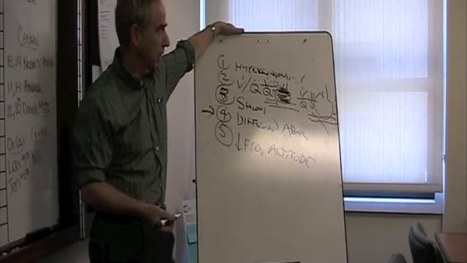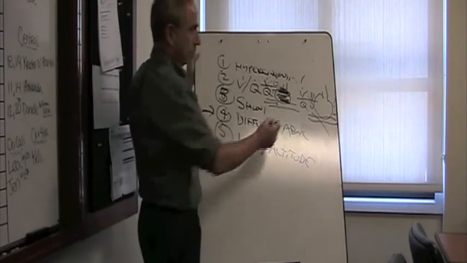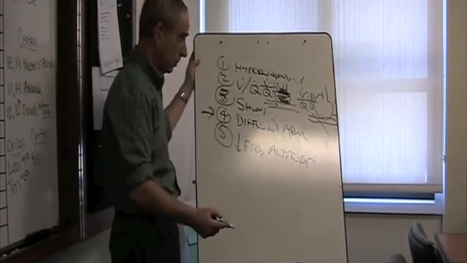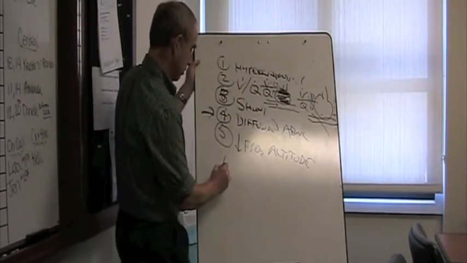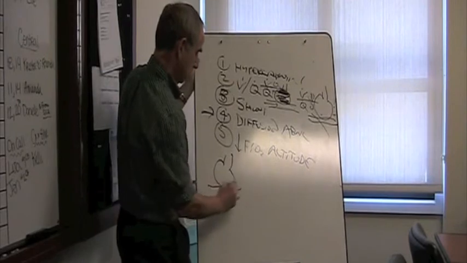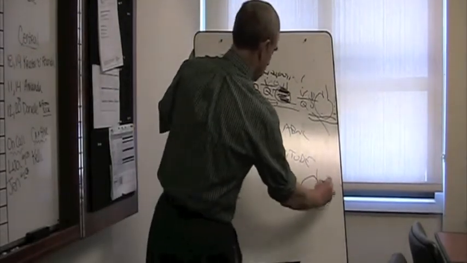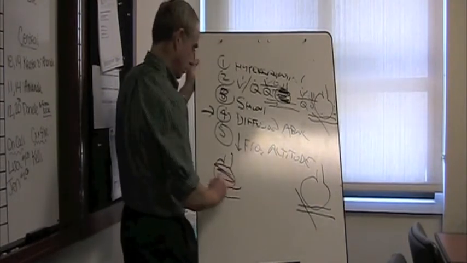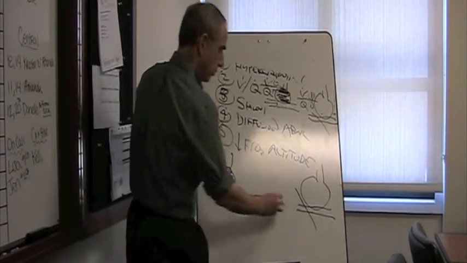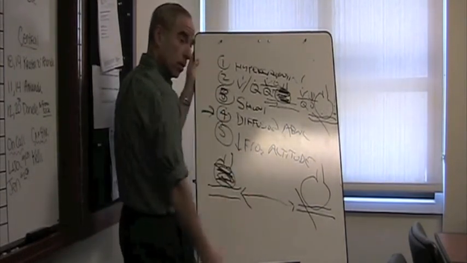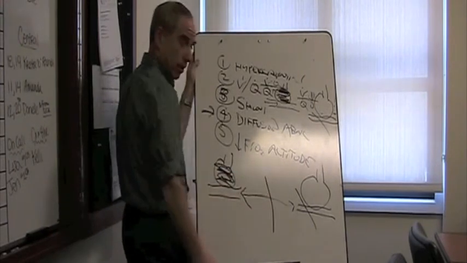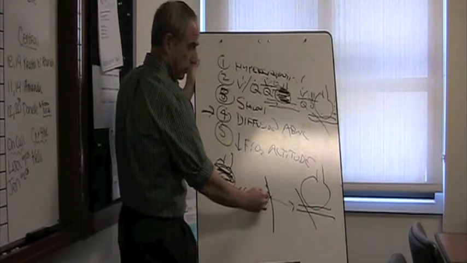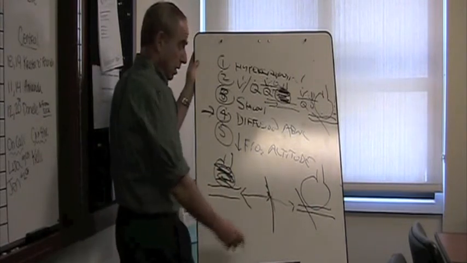Okay, so between here and here, we redraw this down here. Like this. So between these two extremes, somewhere along here, you're going to have VQ matching, right? The ventilation and the perfusion are going to be matched.